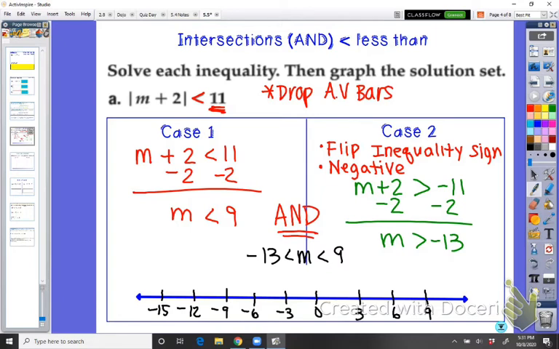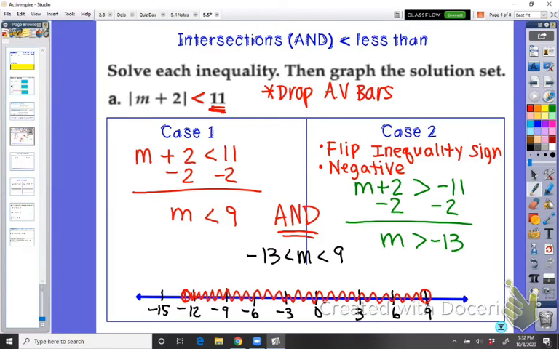It has to be smaller than 9, so that means I'm an open circle on 9, and it has to be greater than -13. So -13 is about here, open circle, and it's going to be all the values in between. So we just connect the two. So that is our intersection inequalities.